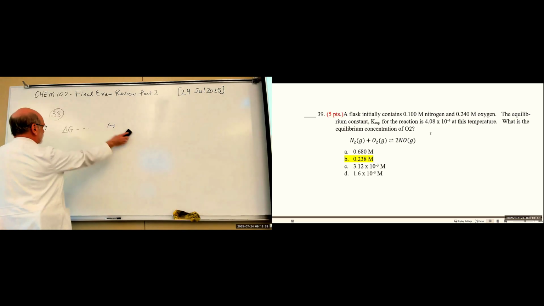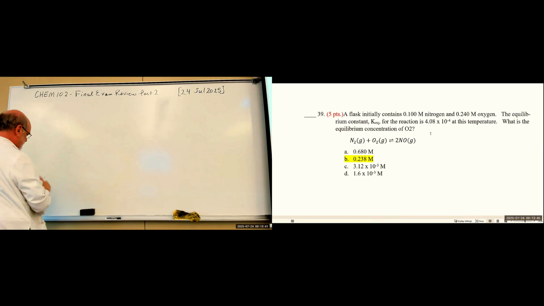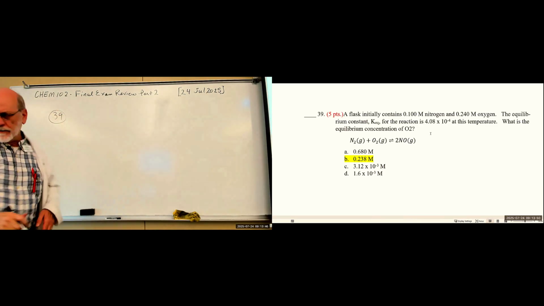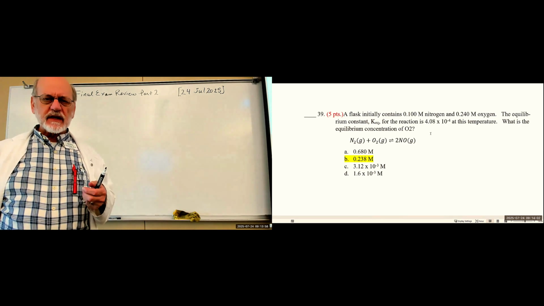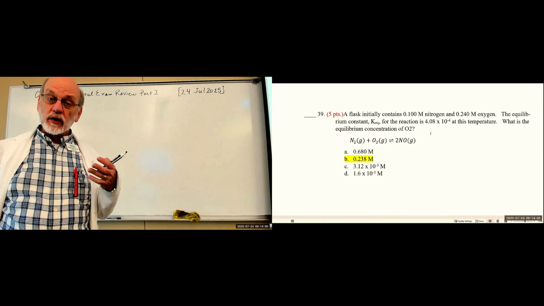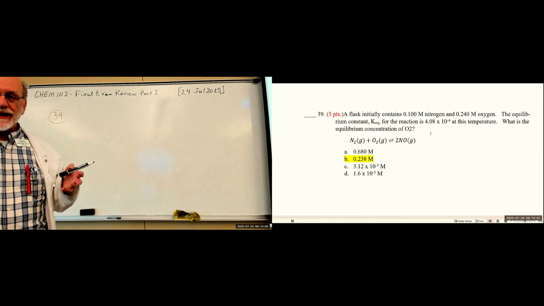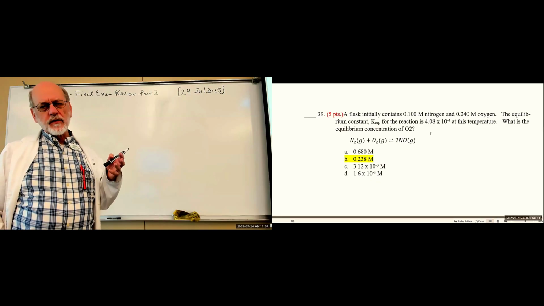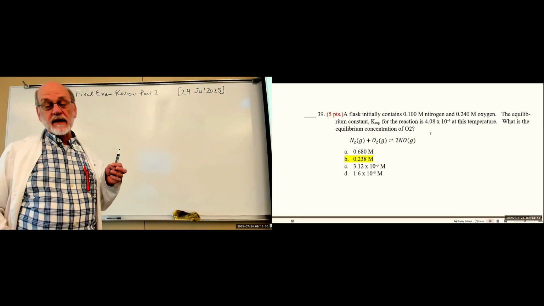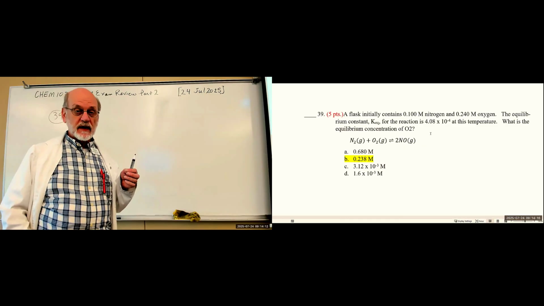39. A flask initially contains 0.1 molar nitrogen, 0.24 molar oxygen, and the KEQ constant for the reaction is 4.08 times 10 to the minus 4 at this temperature.